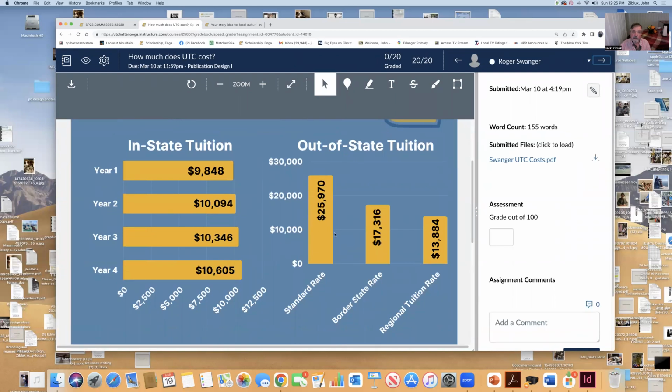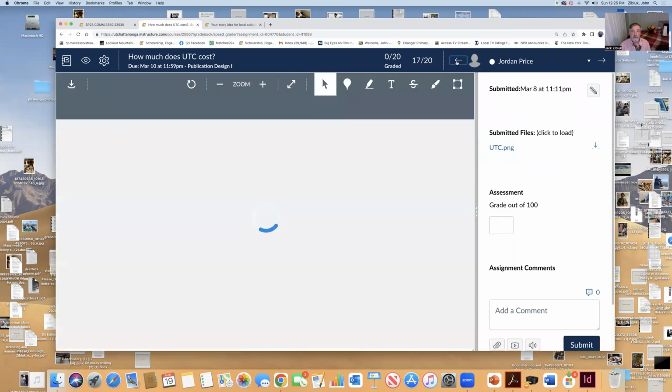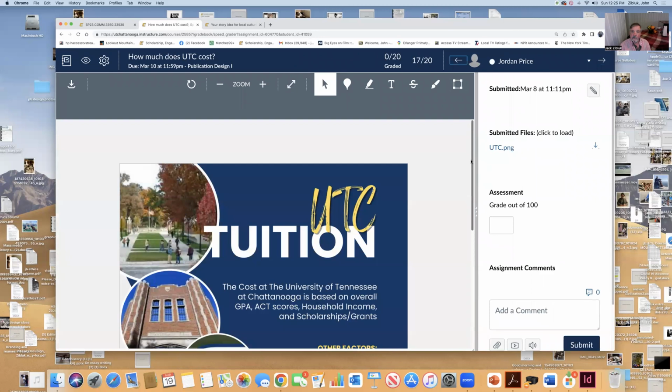I think this is good. Out of state, border state, we do have that difference. And, you know, I'm not sure about having one set of bars going one way and one set going the other, but it works. Very nice again.